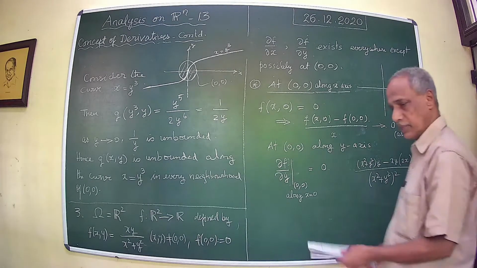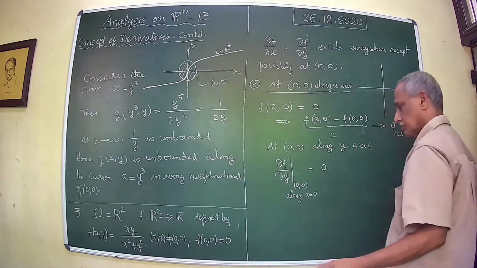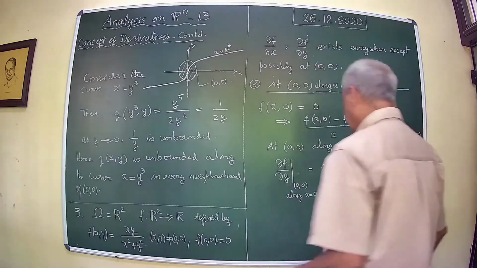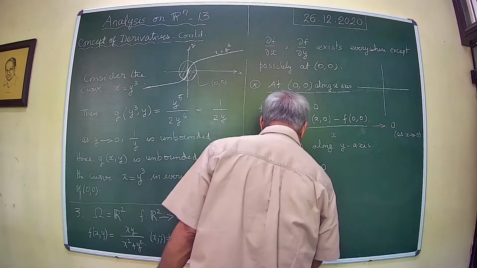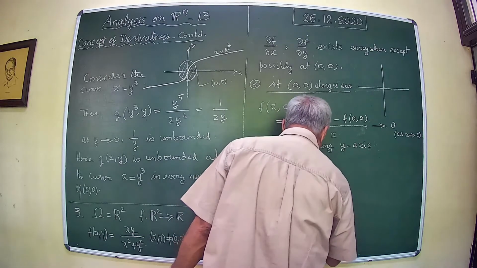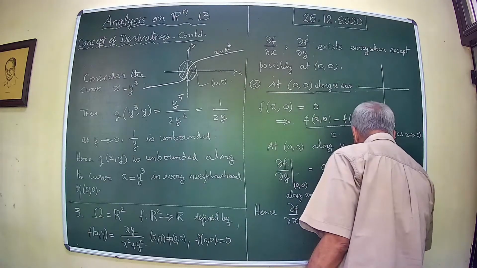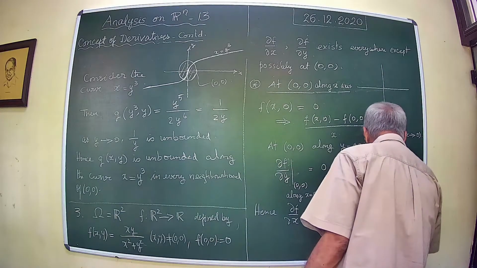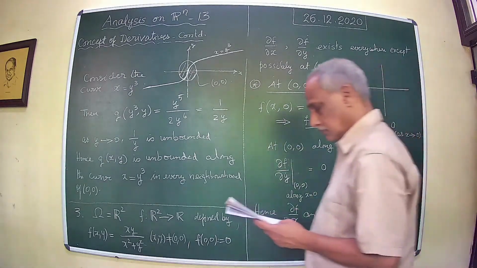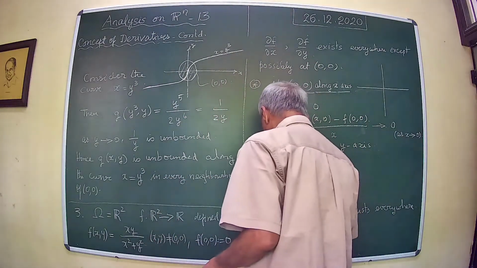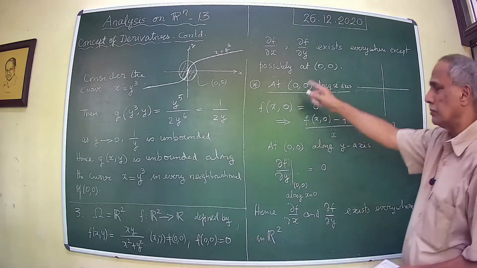So you can easily work it out. Therefore, df by dx and df by dy exist everywhere, because we specifically checked these points, and at other points there is nothing to check.